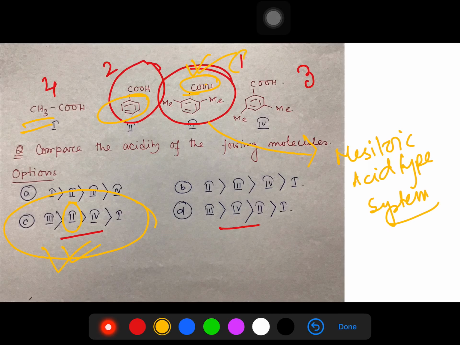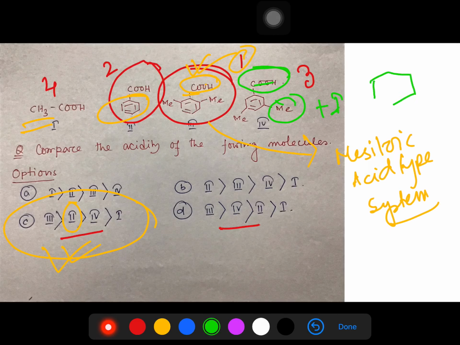Point number 1 verified. Point number 2, now you have to think benzoic acid versus substituted. See, this methyl is far apart from this carboxylic group, so directly it will not encounter it. Otherwise, this methyl group has a plus I effect. So what is expected is that it will increase the electron density in this benzene ring. So the benzene ring will not withdraw electron density that much from this carboxylic group. It is electron rich, so it will not prefer to be a charged species.